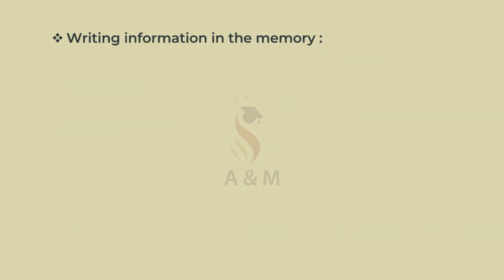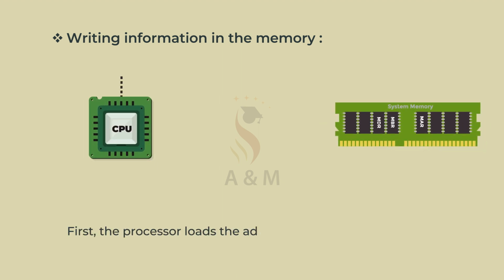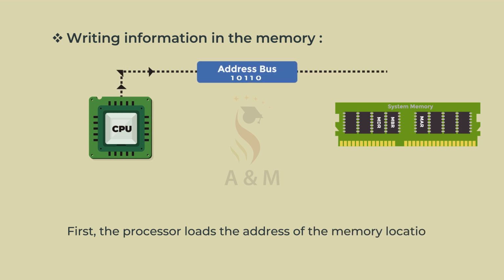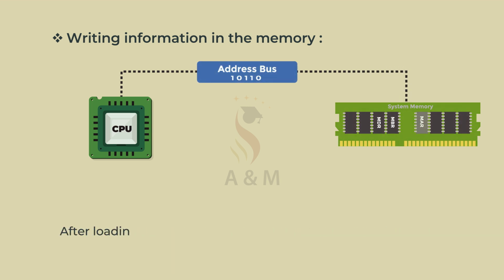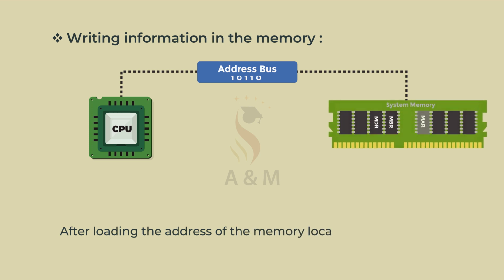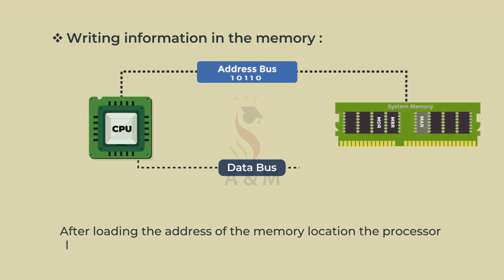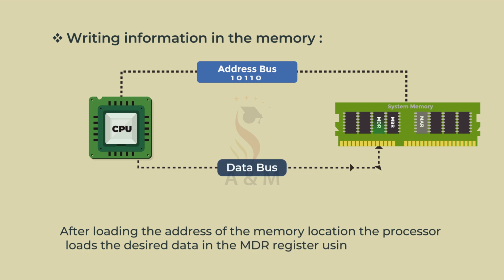Next is writing information in the memory. First, the processor loads the address of the memory location where data is to be written in the MAR register using the address bus. After loading the address of the memory location, the processor loads the desired data in the MDR register using the data bus.